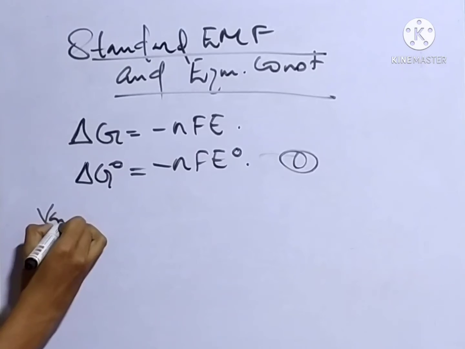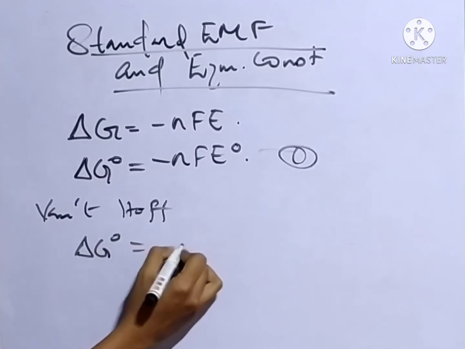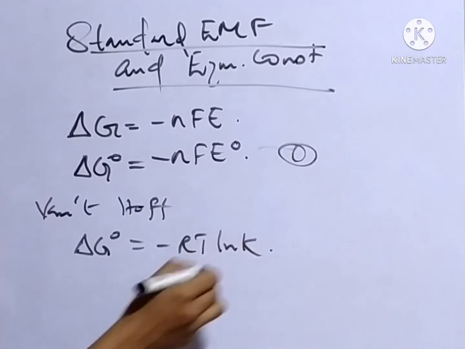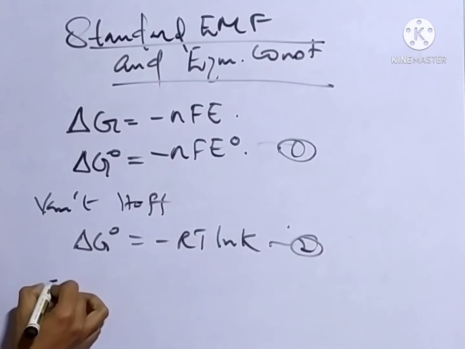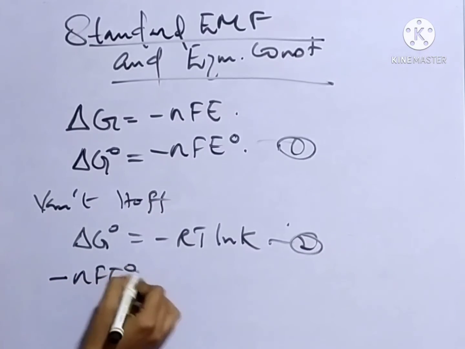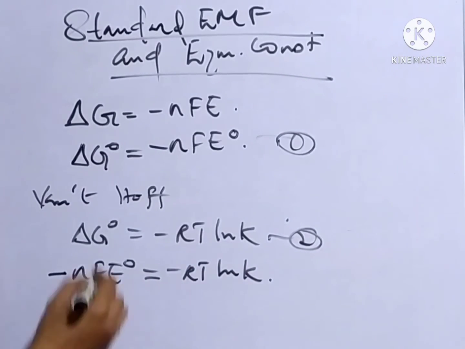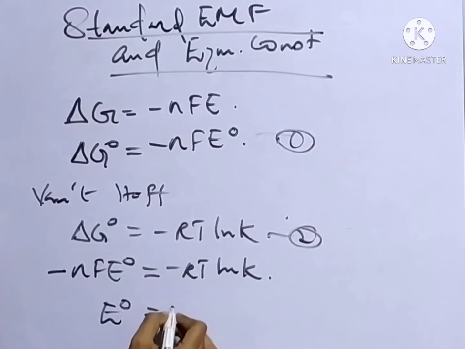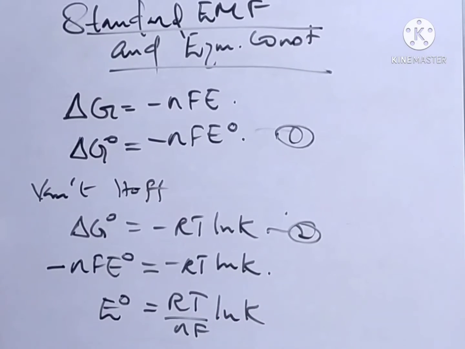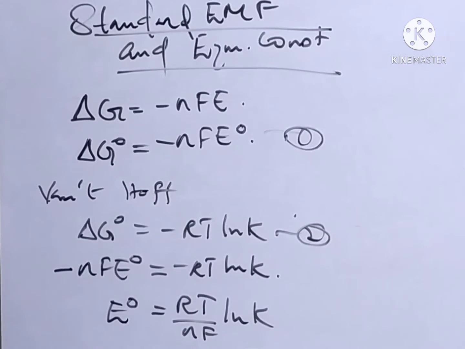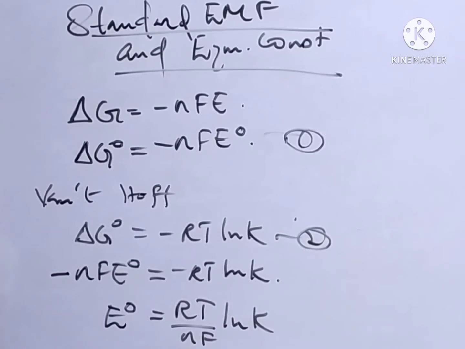According to the Van't Hoff equation, delta G0 equals minus RT ln K. So from these two equations, we can write minus nFE0 equals minus RT ln K. So E0 will be equal to RT by nF ln K. This is the relation of standard EMF and equilibrium constant K.